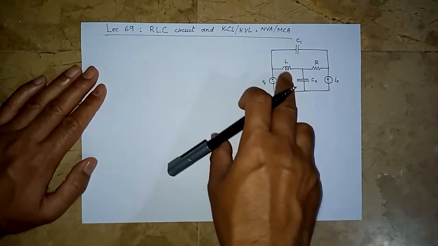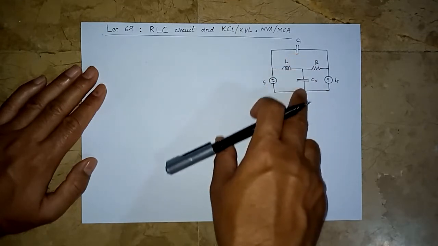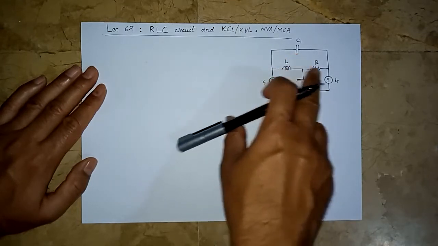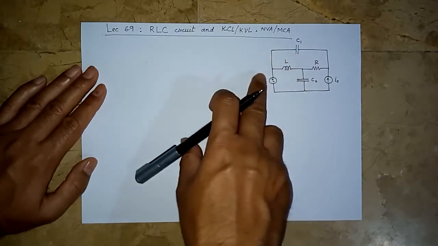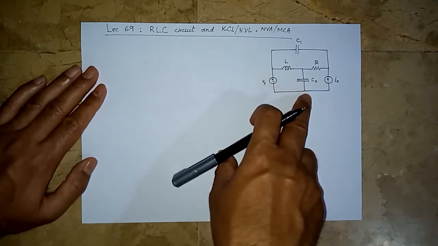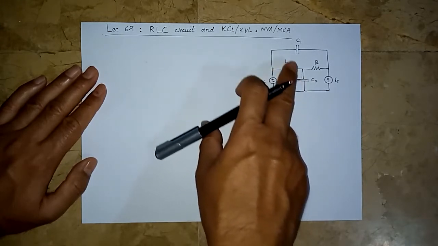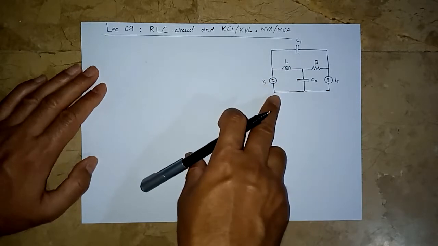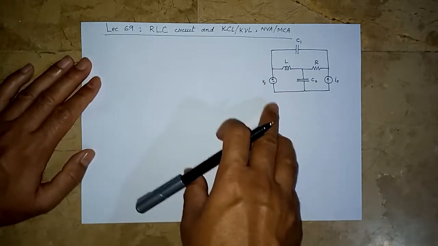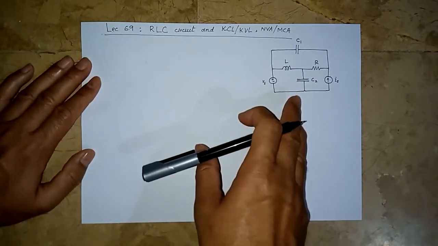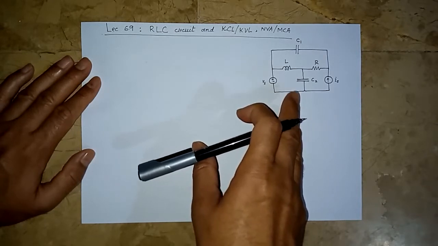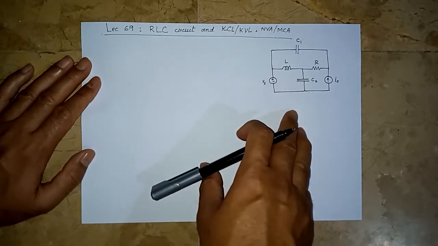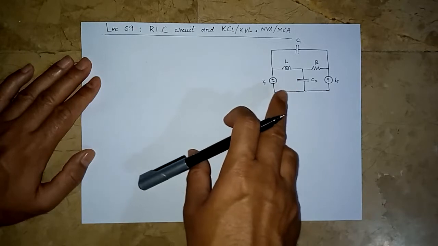So, had these been all resistors, we are fairly familiar with how to solve them. But given that this is an inductor and these are capacitors, let us see how to apply NVA or MCA here. I am going to apply one of these. The rest you can try on your own.